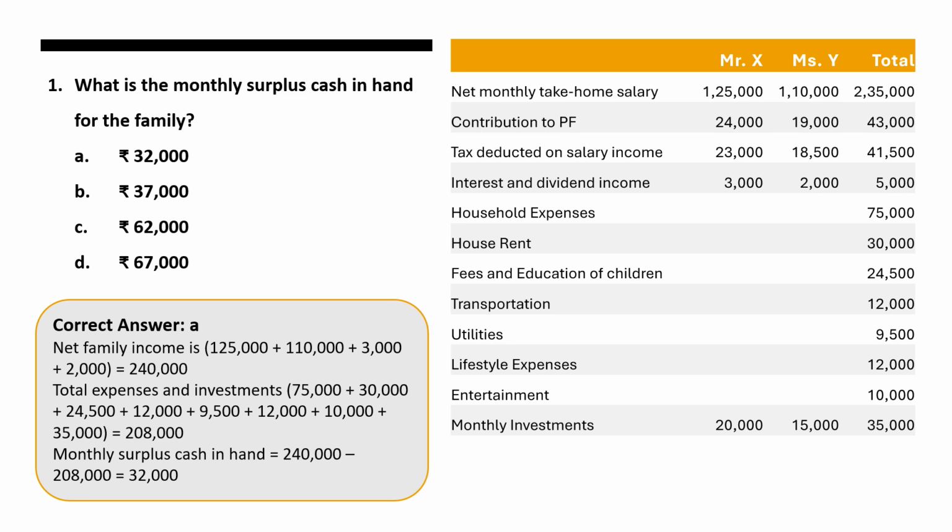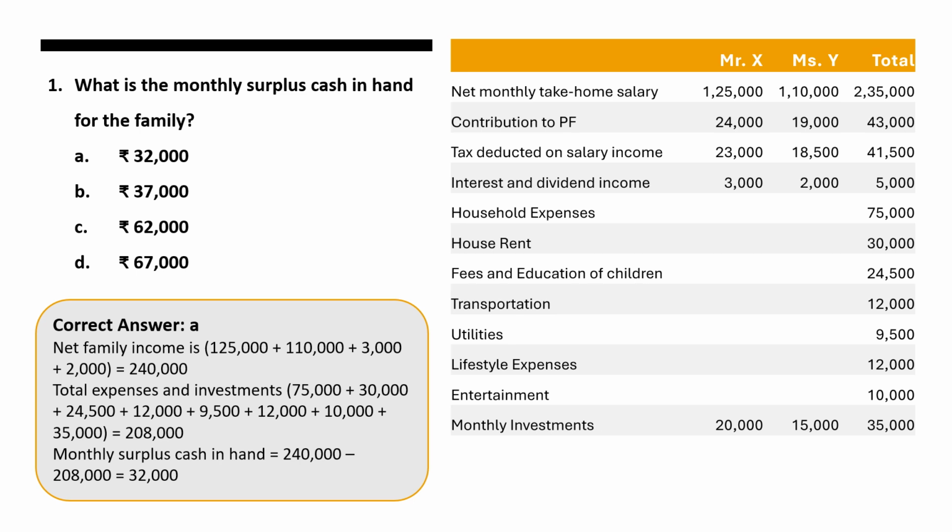Remember, we are not looking at contribution to PF and tax deducted on salary income here, because we need to see what is the net cash or net money that both Mr. X and Miss Y are getting here, right? So therefore we are only considering net monthly take home salary.